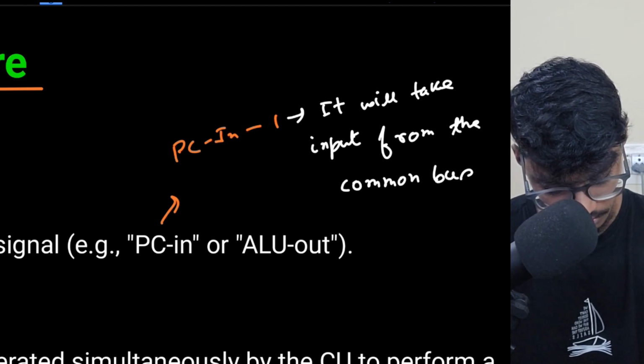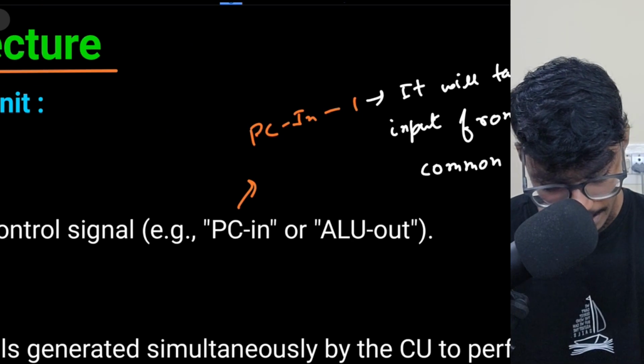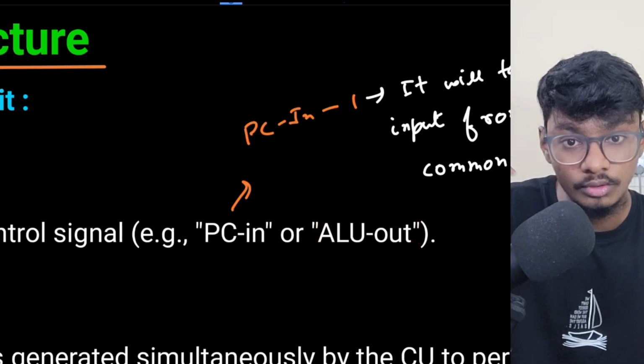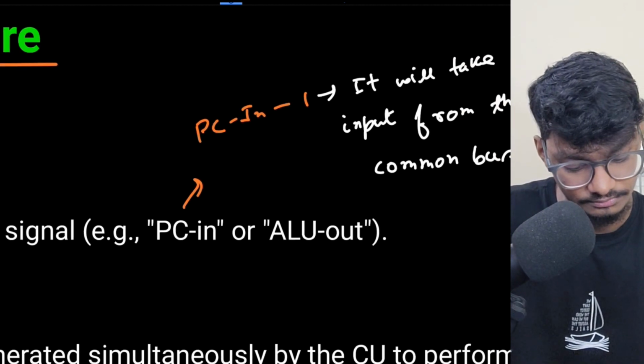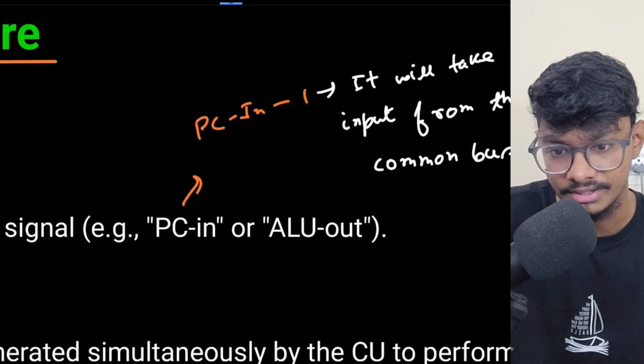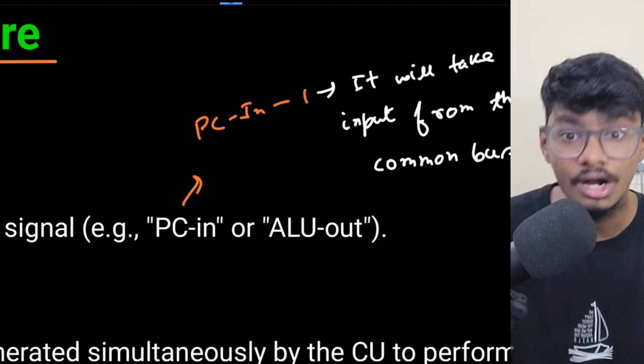And if ALU out is 1, then the ALU will load the data on the bus. If PC in is 1, then PC will load the data from the bus, and this is loading the data to the bus.